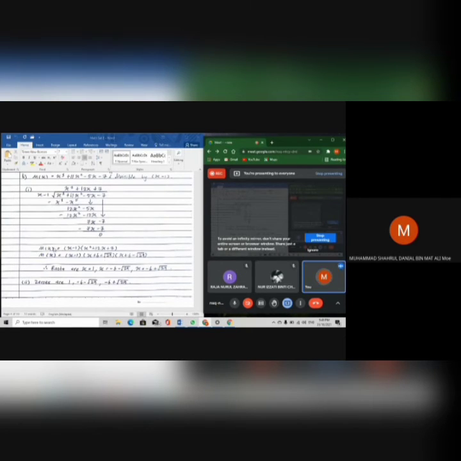After that, we use the formula M(x) equals x minus 1 times x squared plus 12x plus 7.